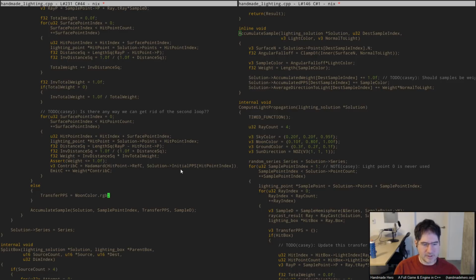And so the transfer PPS is either the moon color or I think it's this contrib C here, right? That weighted contribution of how much of that has been equaled out.